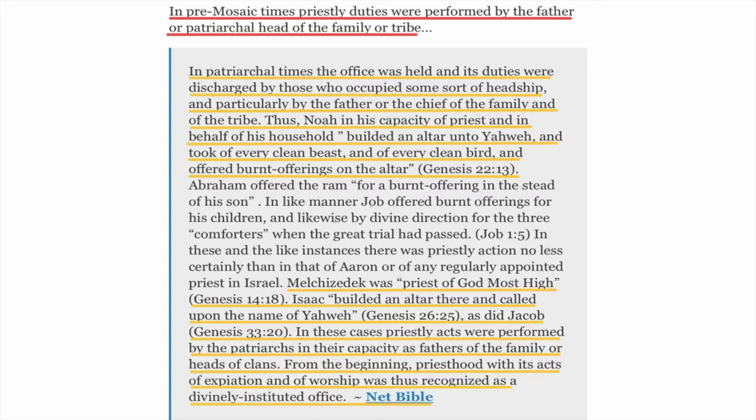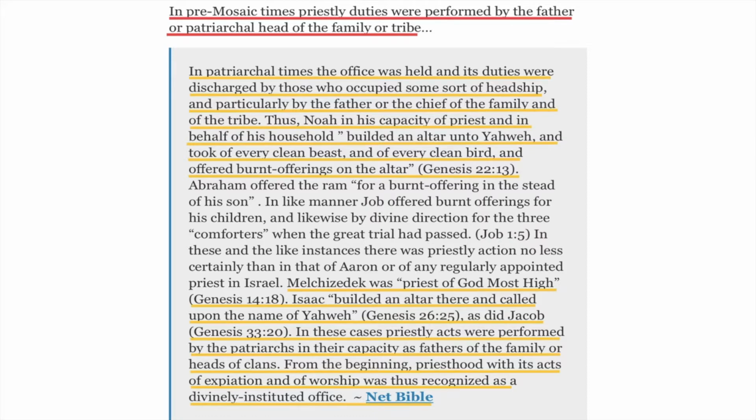In pre-Mosaic times, priestly duties were performed by the father or patriarchal head of the family or tribe. In patriarchal times, the office was held and its duties were discharged by those who occupied some sort of headship, and particularly by the father or the chief of the family and of the tribe.